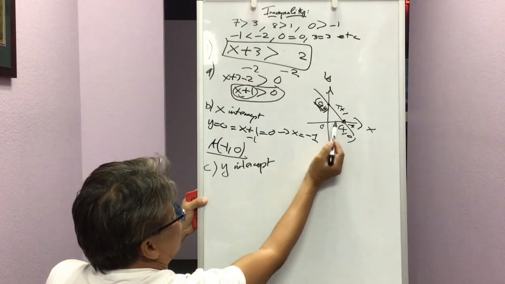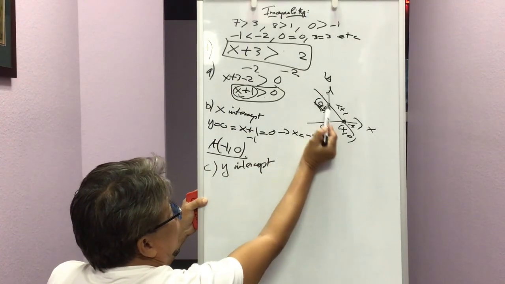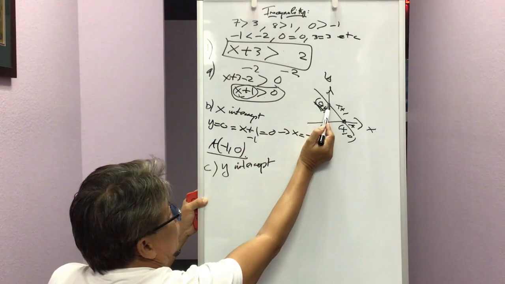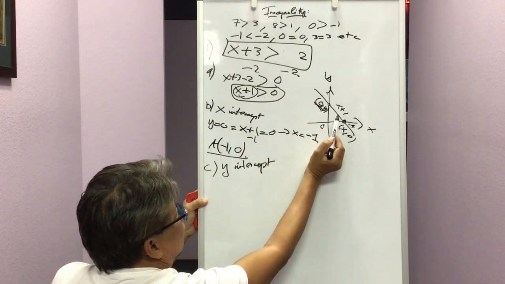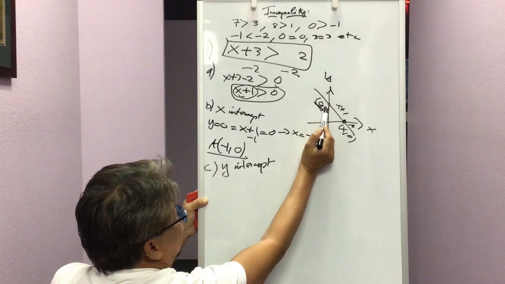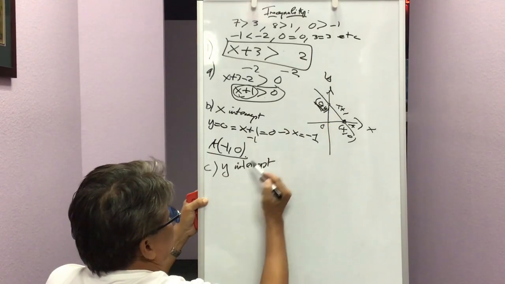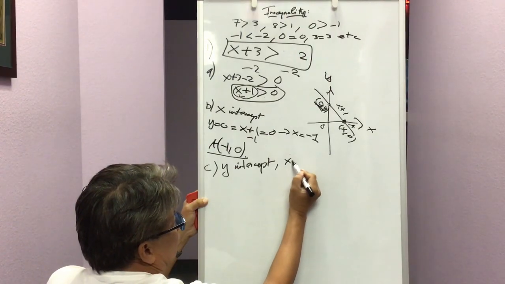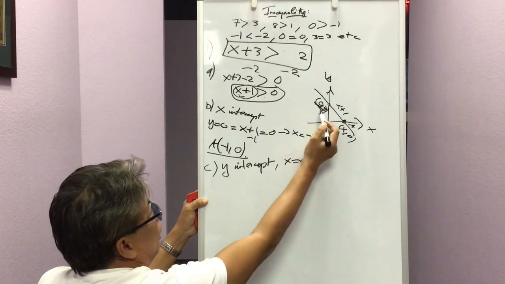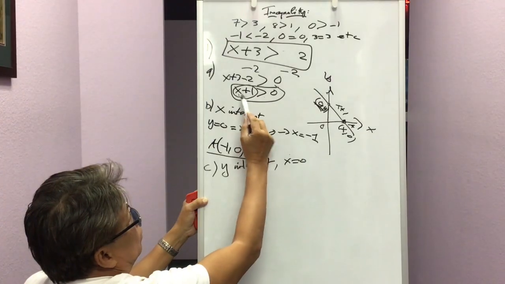Now the y-intercept is the point where the graph cuts the y axis, so the value of x equals 0. Y-intercept means x equals 0, and in order to find y you substitute into the equation.